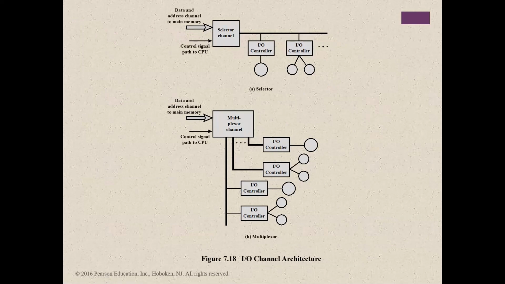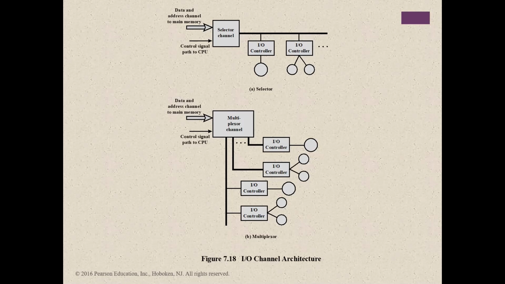All right. So we look at some characteristics of the I/O channels. The I/O channel represents an extension of the DMA concept, as you can see from this I/O channel architecture. An I/O channel has the ability to execute I/O instructions, which gives it complete control over the I/O operations.